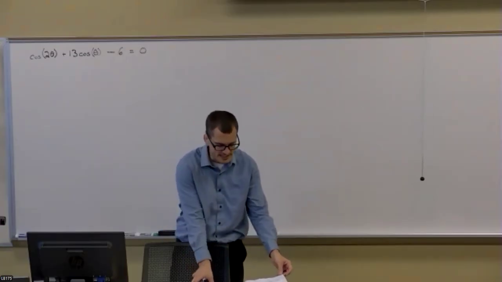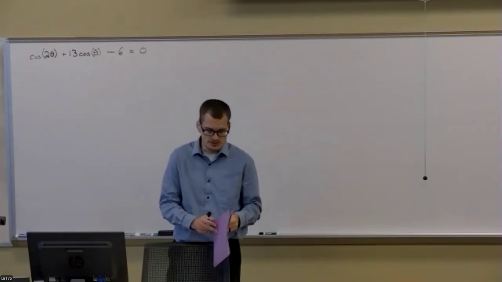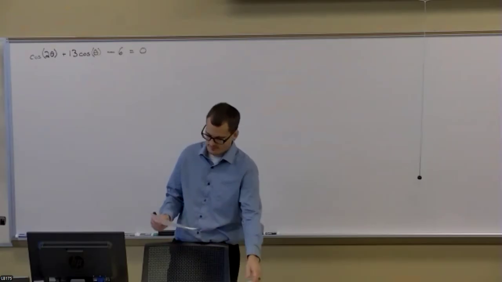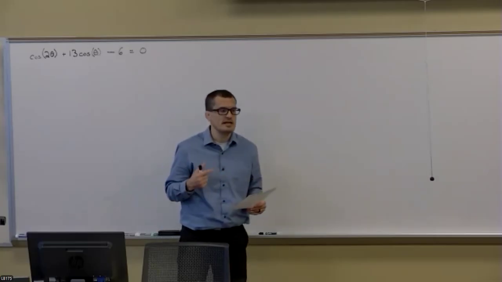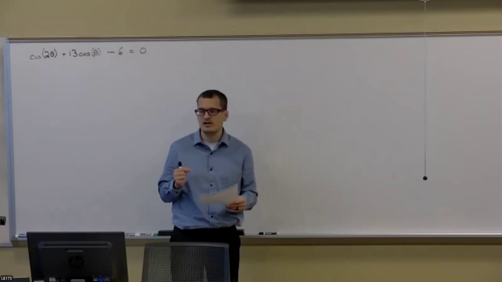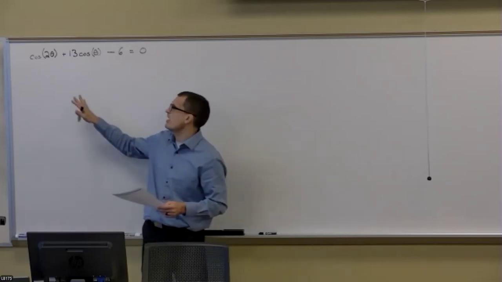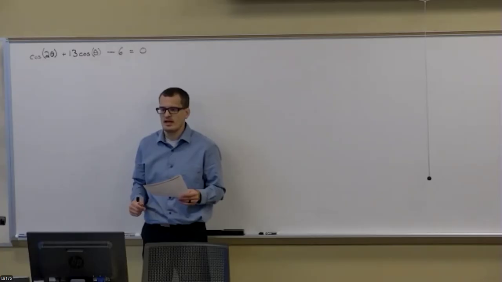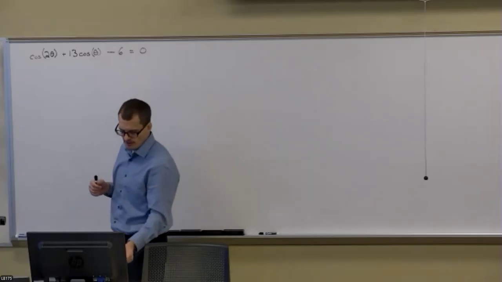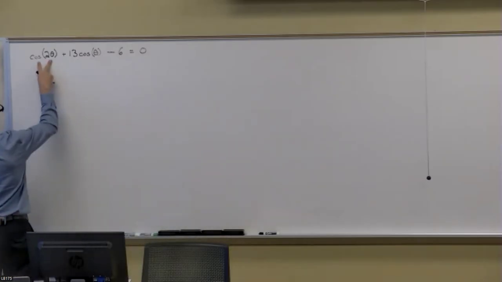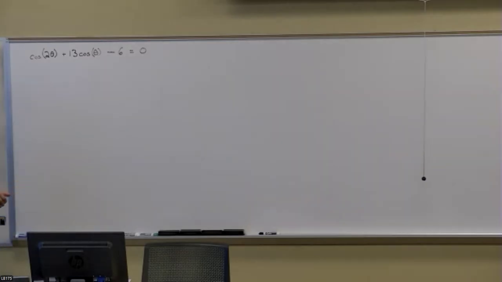So I pick up my trig identity sheet, go to the double angle identities, and look at an appropriate one. The one that helps the most is that cosine of 2 times an angle is 2 cosine squared minus 1.